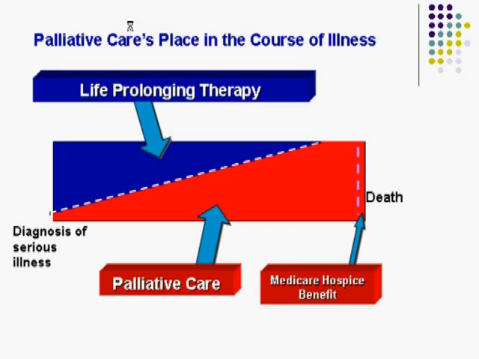What I want to do first is to look at the various forms of therapy, conventional medical therapy, palliative care, and hospice care, how they best integrate into the care plan of our patients, and then continue to look at what the various barriers are to this optimal care.